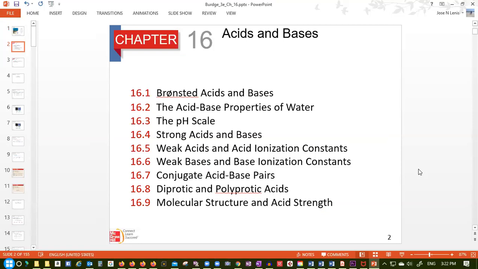We are going to find the difference between strong acids and strong bases, weak acids and weak bases. We are going to find Kas for the weak acids, Kbs for the weak bases. We are going to identify conjugate acid-base pairs. We will define monoprotic and polyprotic acids. And we are going to study the relationship between molecular structure and acid strength.